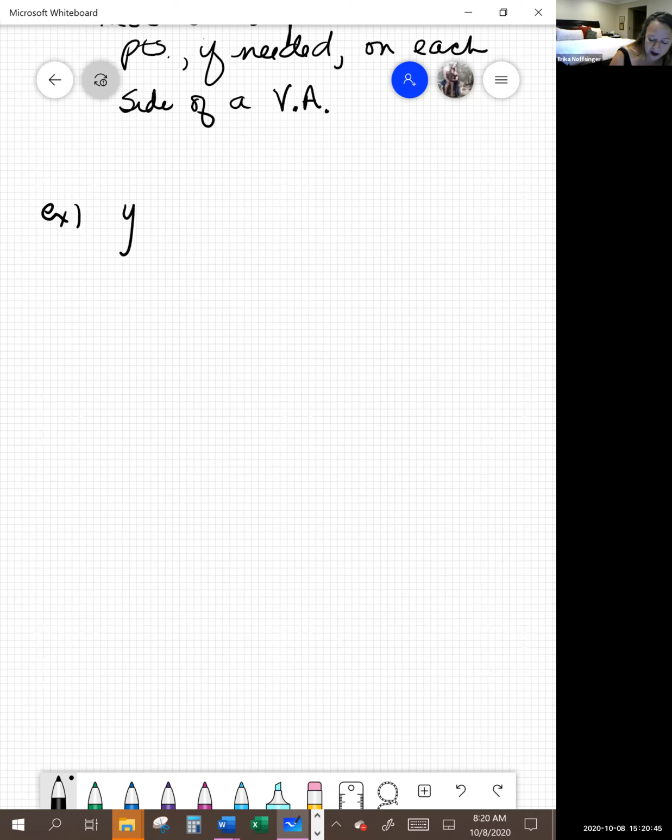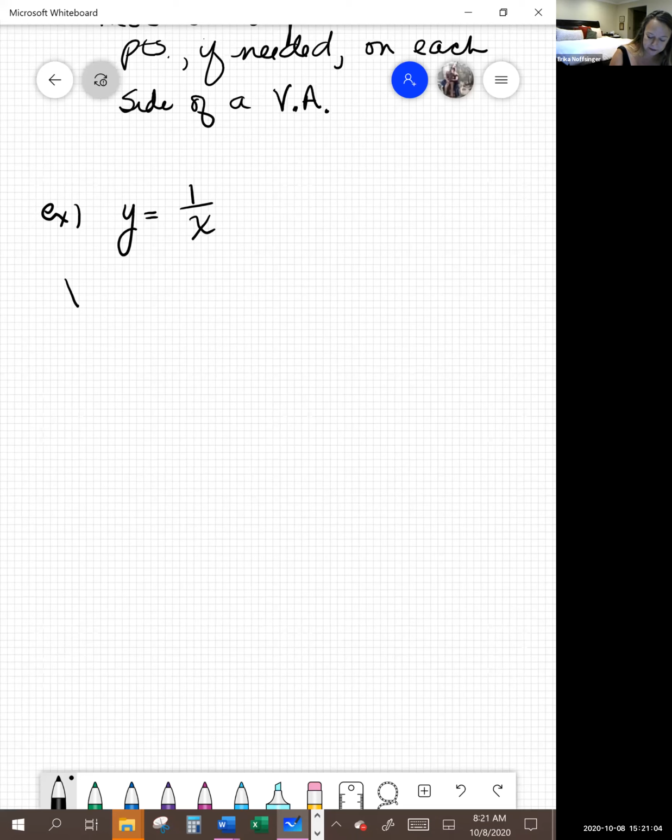So if we have y is equal to 1 over x, let's recall what that looks like. If I look at this, I know that the only value that sets the denominator equal to 0 is 0, and that does not also set my numerator equal to 0. So I know we have a vertical asymptote at x equals 0.